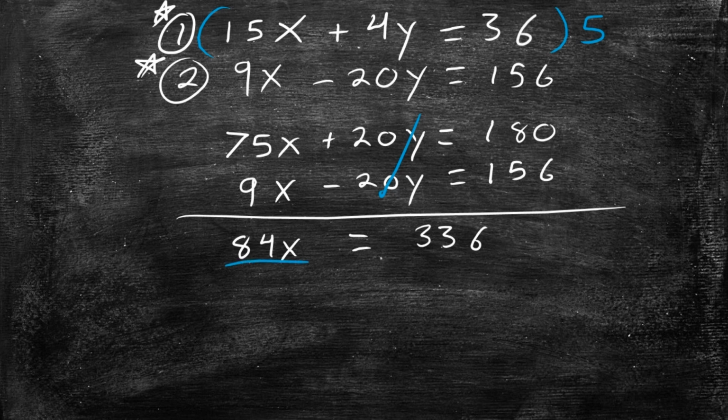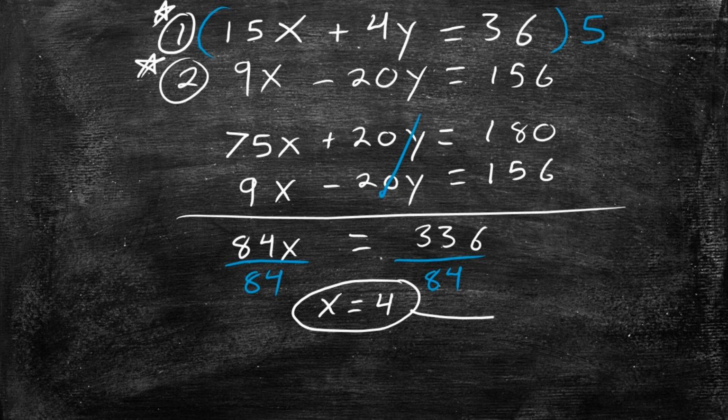All right, now we want to isolate x. The way we do that is by dividing by 84, divide by 84, and then we will get x is equal to 4. Okay? Now we have one of our points here, and we are going to go ahead and plug this into equation number 1 so we can find our y value.